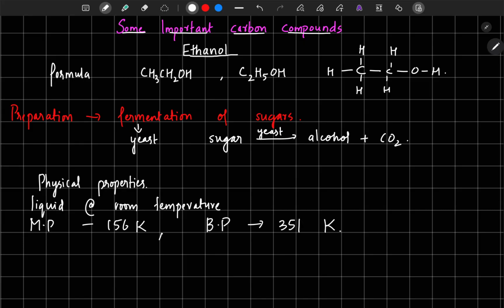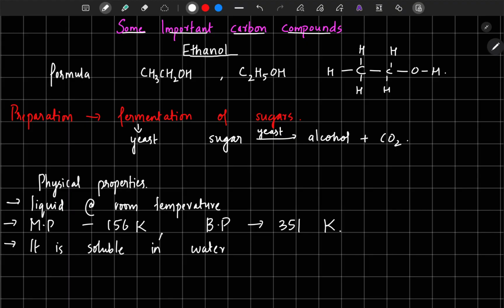You don't have to remember this value, but just understand. Another important feature is that ethanol is soluble in water in all proportions.